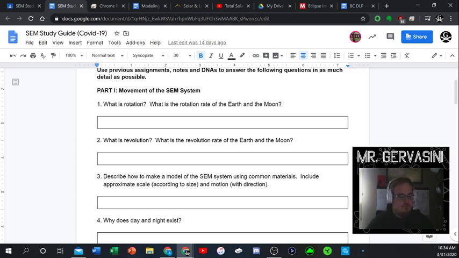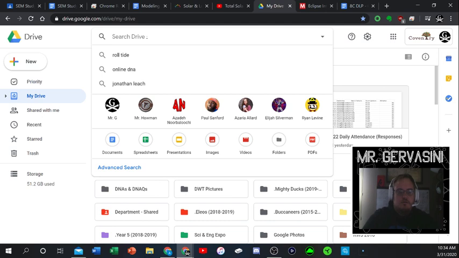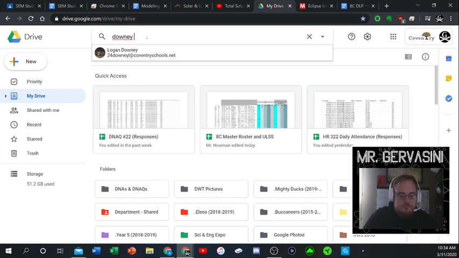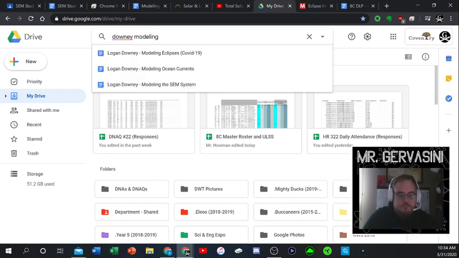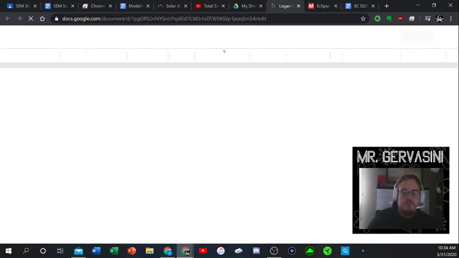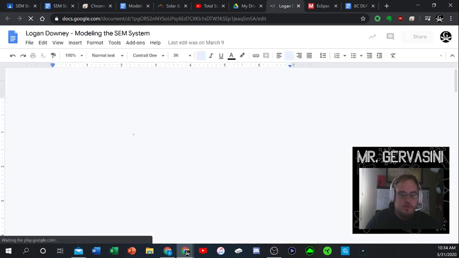That was the common mistake people made on their models during modeling the SEM system. So, Downey, I'm going to pull up yours. Because I believe it was a really good model. We just had one mistake.